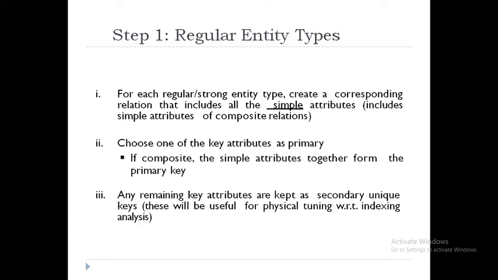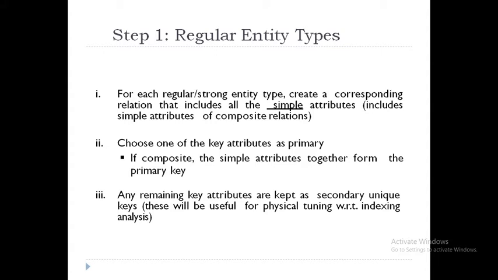The first one is mapping regular entity types. For each regular or strong entity type, we have to create a relation. When we say regular or strong entity type, that means the entity can be identified by an attribute.